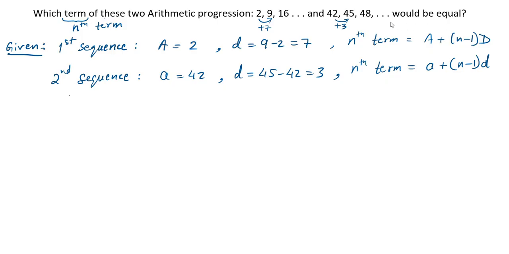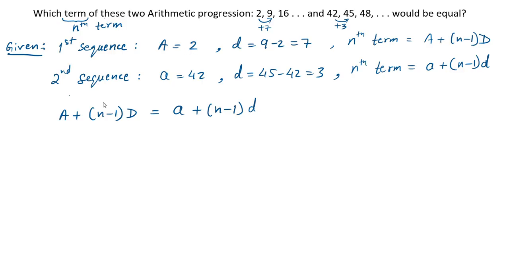According to the given condition in the problem, A plus (n minus 1) d and A plus (n minus 1) d both are going to be equal, because these two sequences will have one term, which we are considering as the nth term, exactly the same. Let's substitute values.